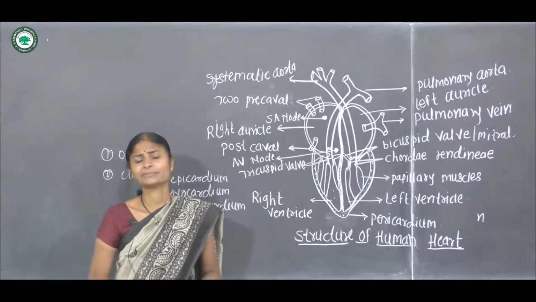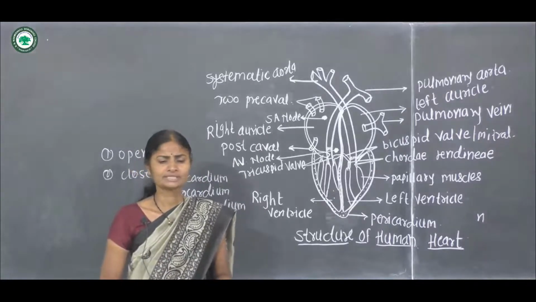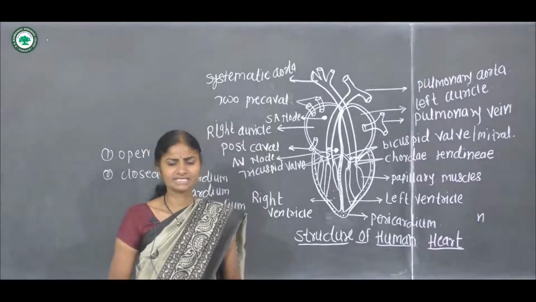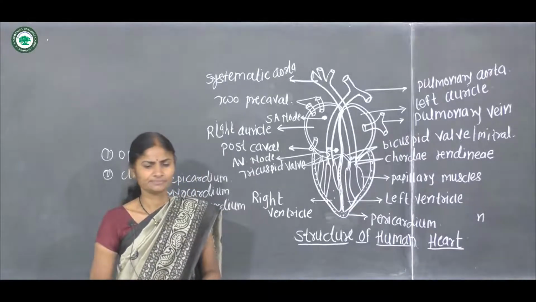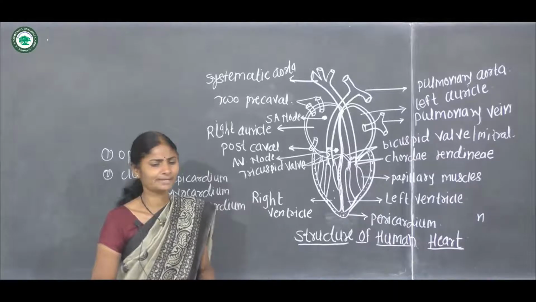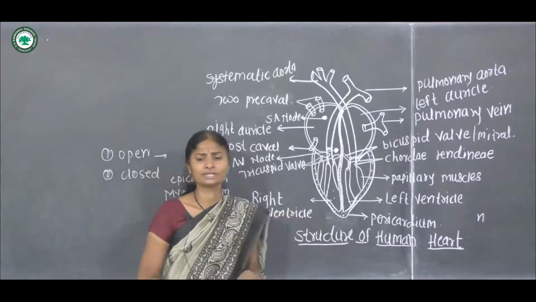The heart is supplied by nerves of the sympathetic and parasympathetic systems. They regulate the heartbeat.